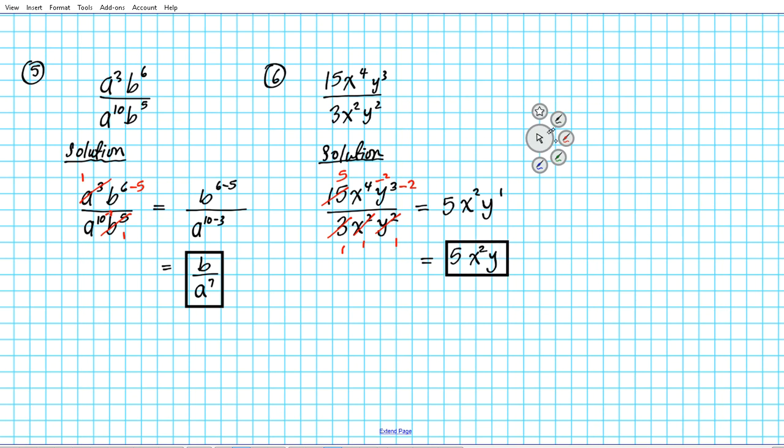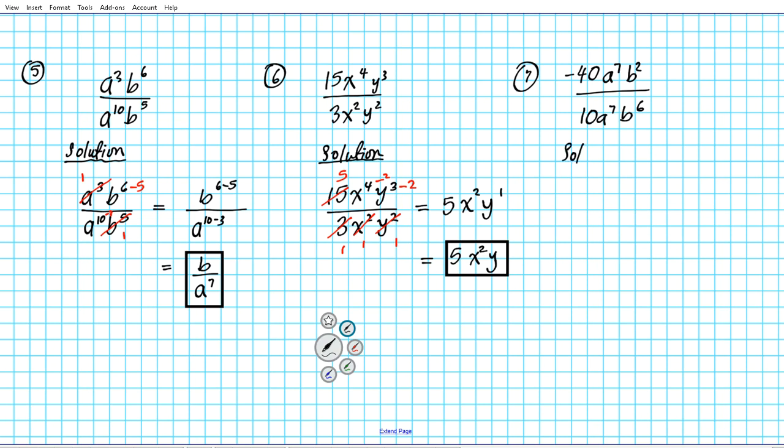All right, moving along, let's take a look at another example, number 7. Let's say you were to find the quotient of the monomials negative 40a to the 7th power b to the 2nd power, divided by 10a to the 7th power b to the 6th power.